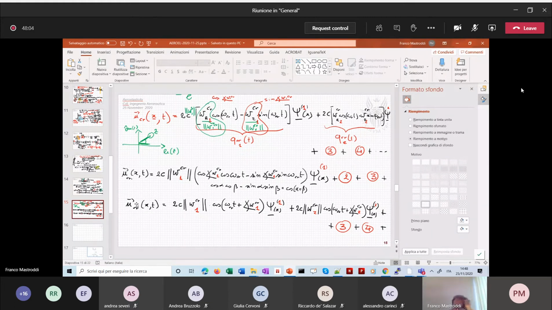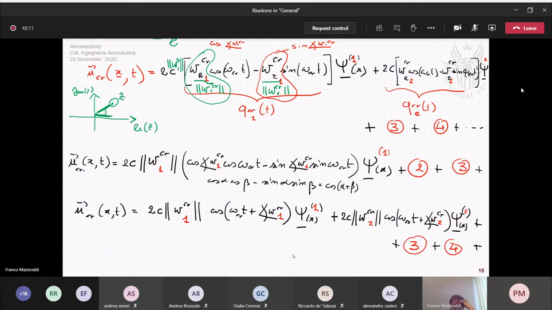And this motion is a combination of this time function, which is the Q critical 1 function of time, and this is the Q critical 2 function of time, multiplying the structural mode shapes.